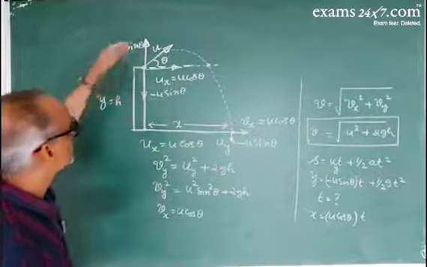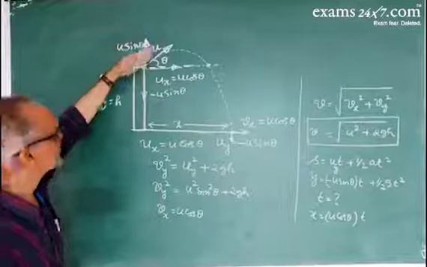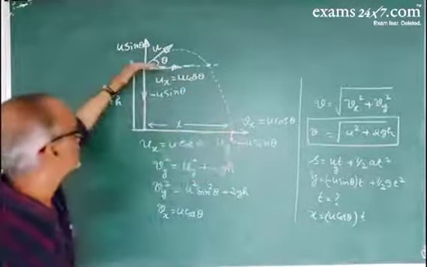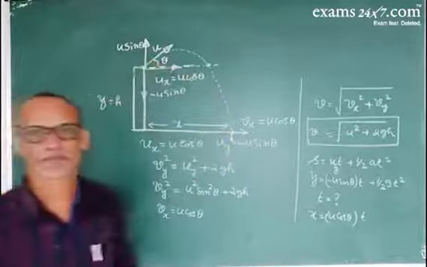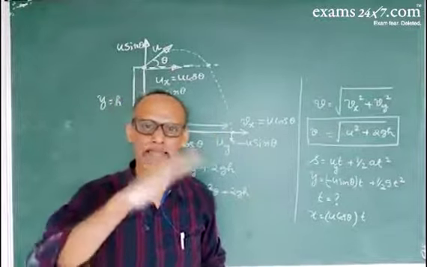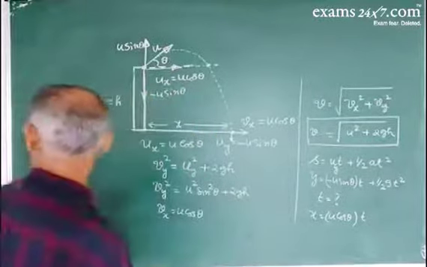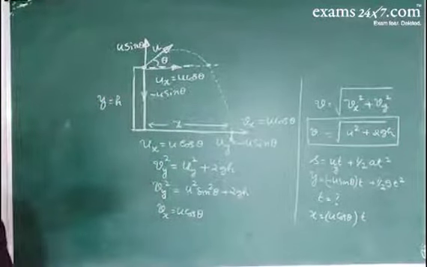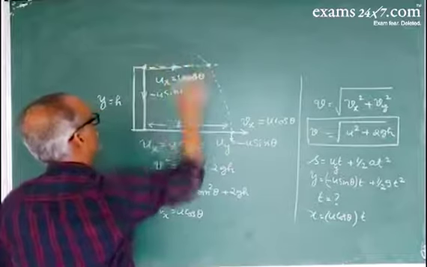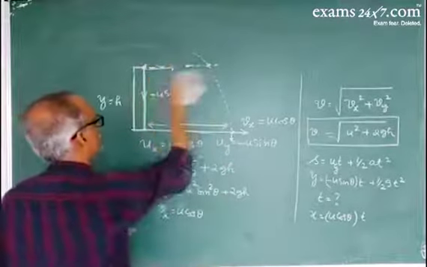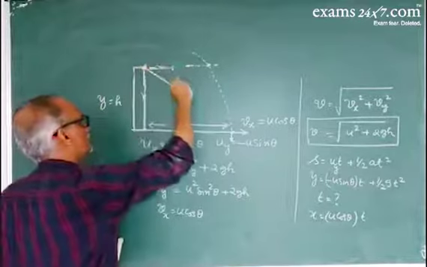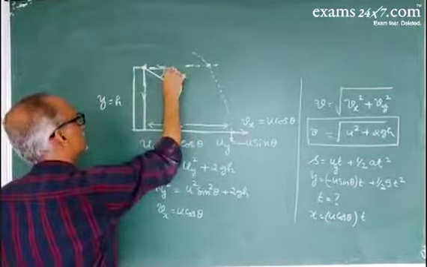Now, in the same situation, I'm going to modify it slightly. In this case, the projectile is projected at a certain height above the horizontal. If the projectile is projected at an angle theta, but below the horizontal, like this, making an angle theta here.